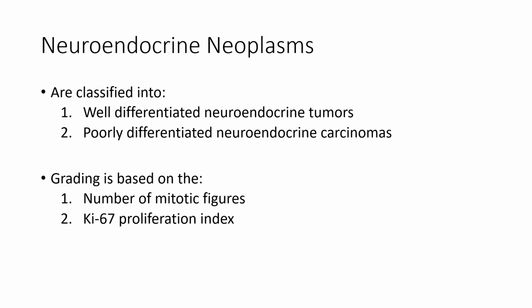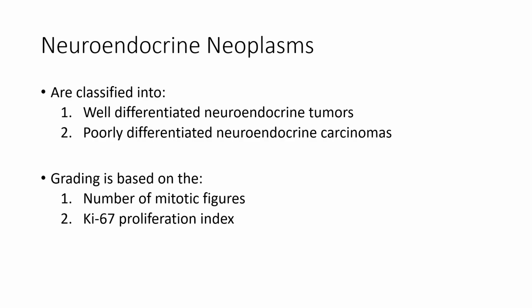Neuroendocrine neoplasms can be either neuroendocrine tumors, which are well-differentiated tumors, or neuroendocrine carcinomas, which are poorly differentiated carcinomas. The degree of differentiation refers to the extent to which the neoplastic cells resemble their non-neoplastic counterparts.